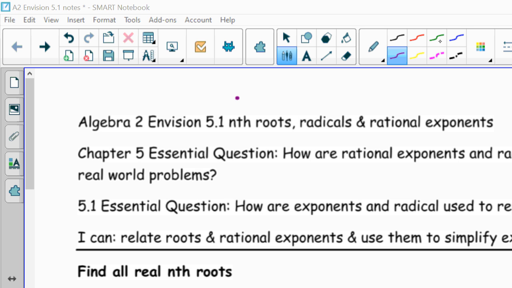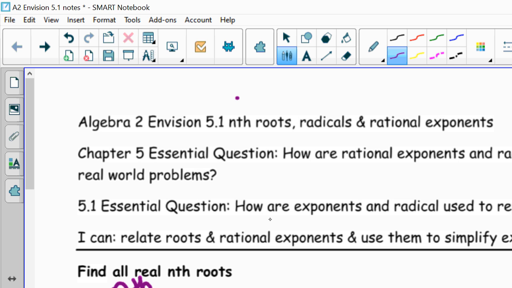An nth root of a number c is x, such that x to the n power equals c. An nth root can be noted by a radical symbol. So this is a radical symbol with an index of n.